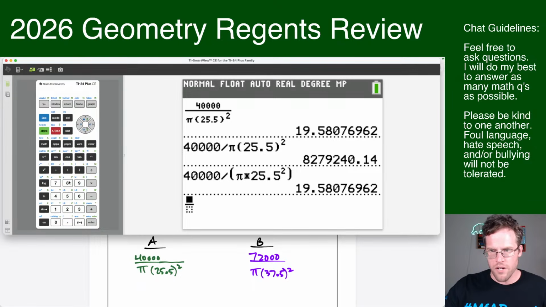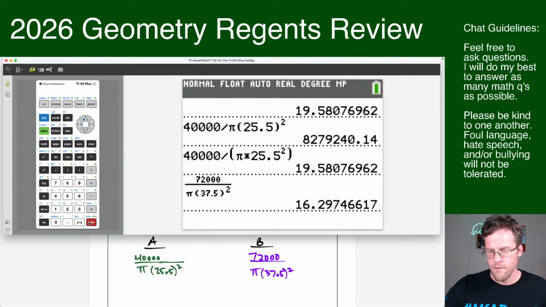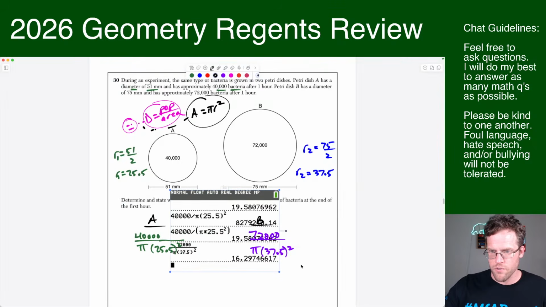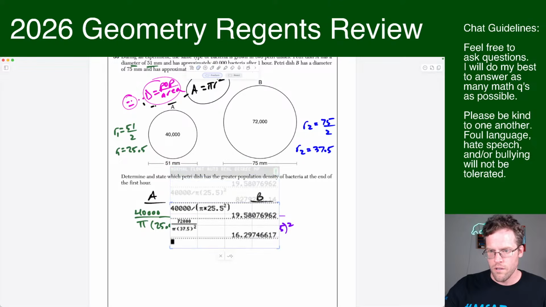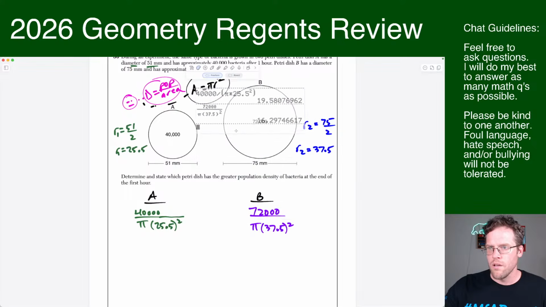Alrighty, so then the next fraction is 72,000 divided by pi and then 37.5 squared. All right, and that will bring us to this.